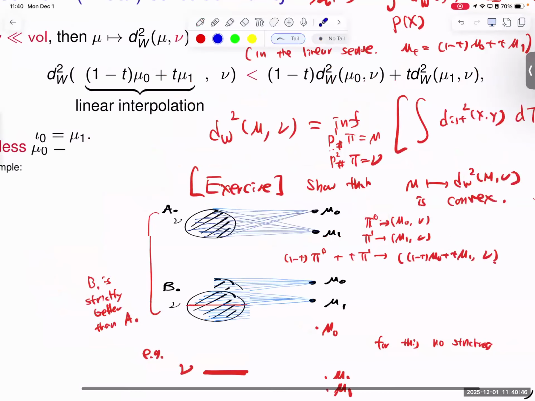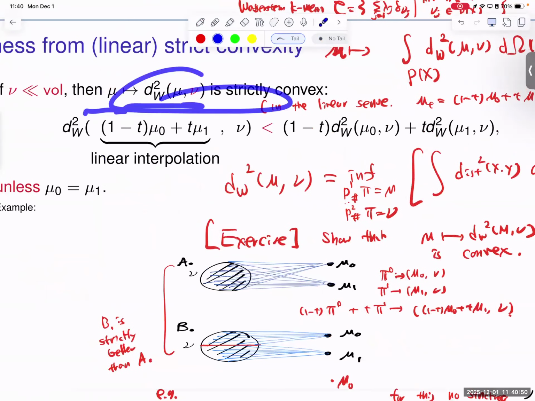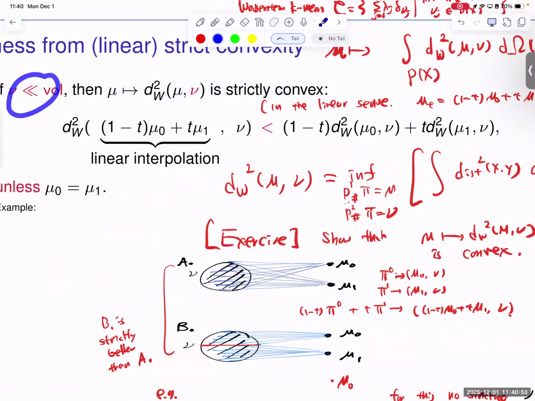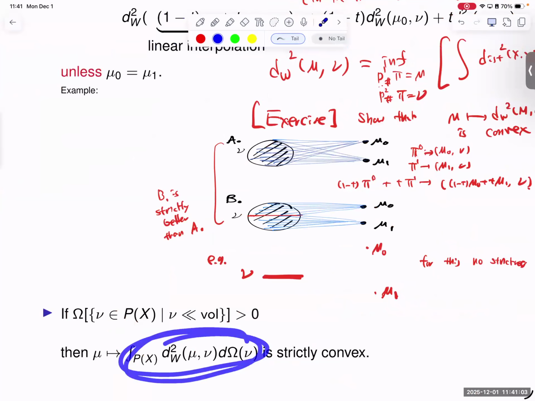We have strict convexity of such a function, distance squared, whenever this measure nu is absolutely continuous. And now our functional to minimize is just an integral of that with respect to omega.